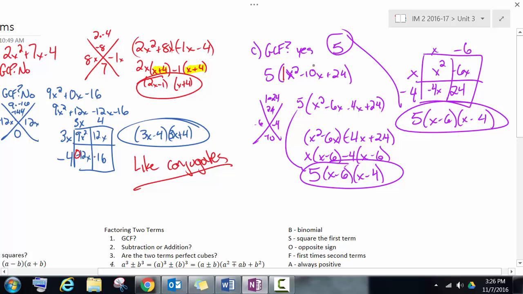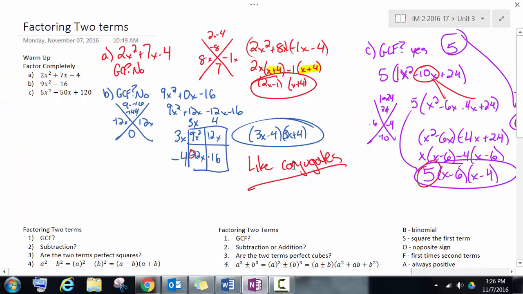So we split up that -10x into those two terms. So it's x squared minus 6x minus 4x plus 24. So we can do the box, or we can do grouping. Either way, don't forget your GCF. So it's 5 times x minus 6 and x minus 4. So just a little bit of review.